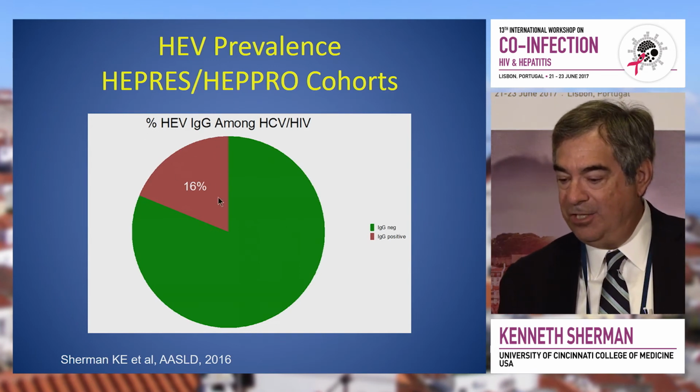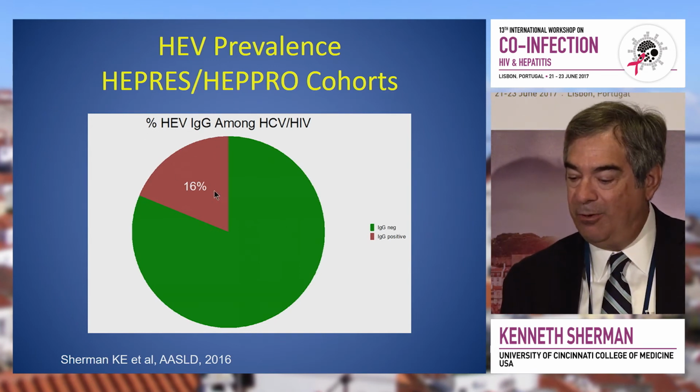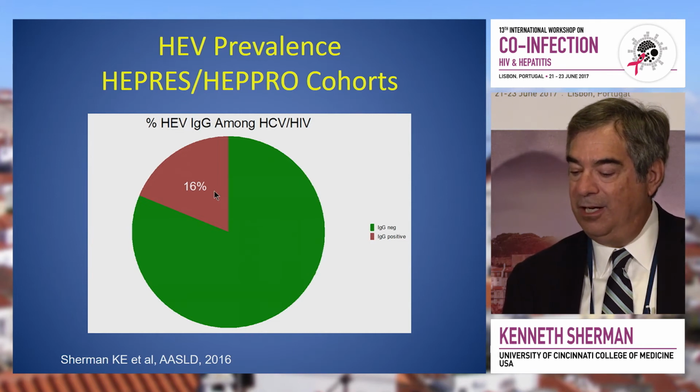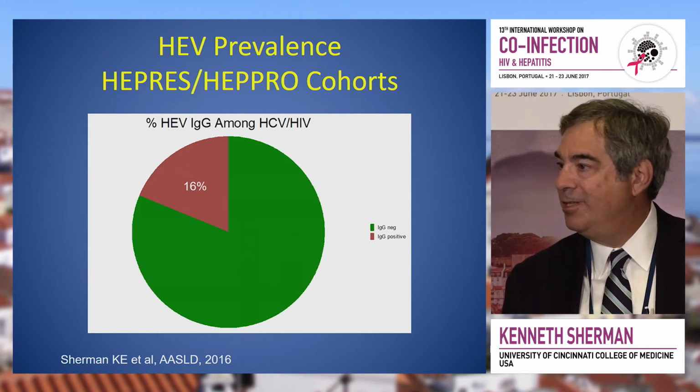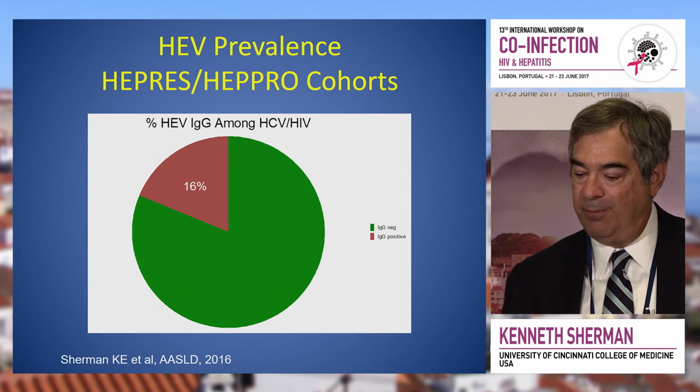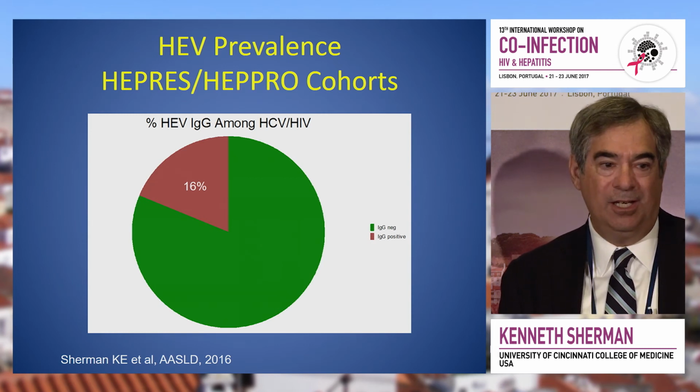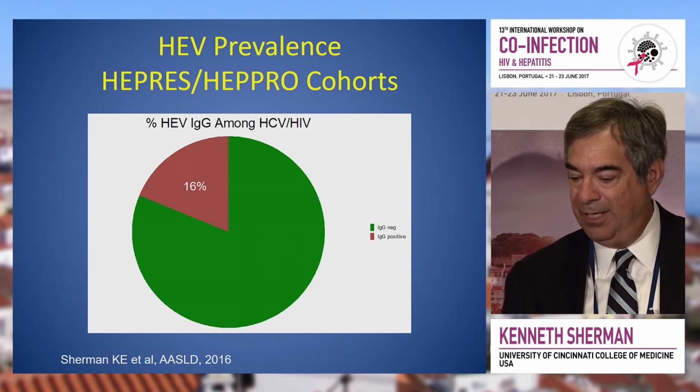The IgG positivity rate among the co-infected patients there, using the confirmatory methods I told you about, was 16%. So again, it appears that infection is indeed quite common.